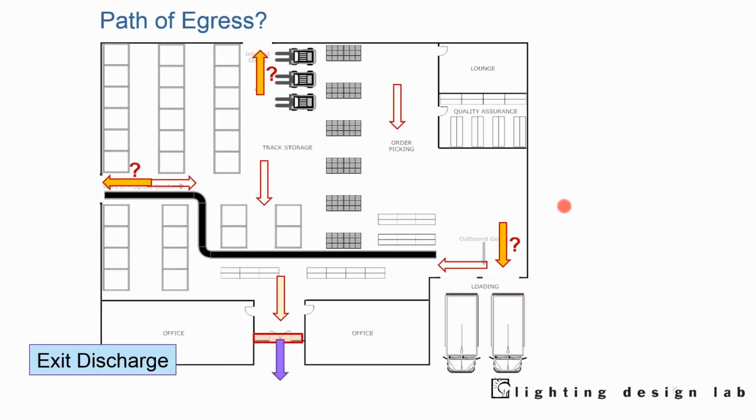But we could have other things, for instance a loading dock. Maybe we could just have an exit at the loading dock, but perhaps this is a gated area that's enclosed for controlled access. Here we have a doorway, but maybe that just leads to other storage. Not really sure. This might lead to office areas. So finding the path of egress and exit discharge is not always that straightforward.